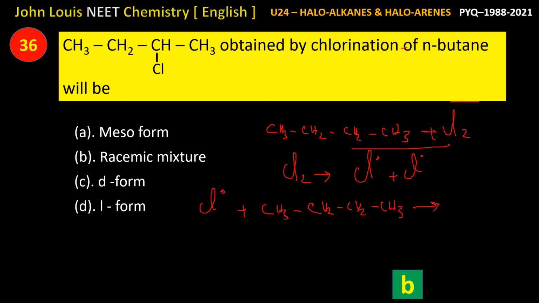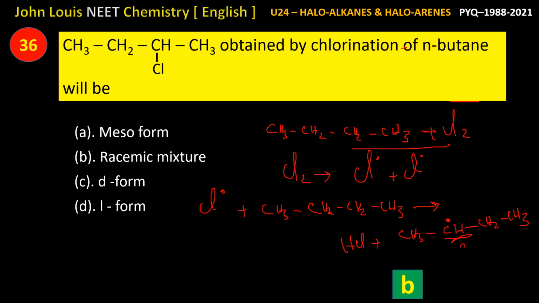So one hydrogen from here will combine with one Cl and forms HCl, and CH3, and you will get CH dot. So this becomes free radical CH2 CH3.